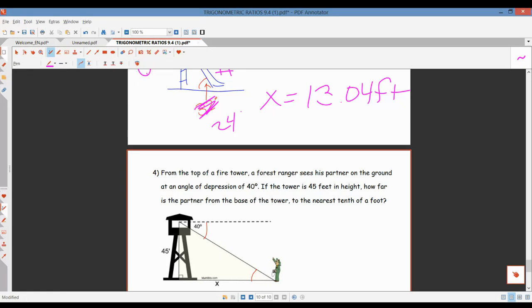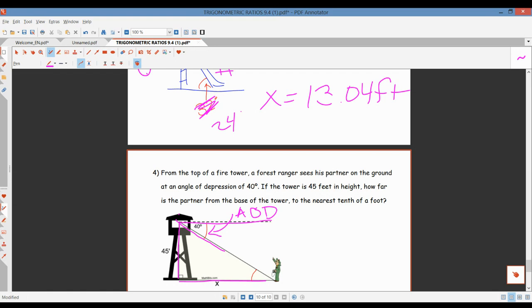So you can see that this piece right here is our angle of depression. I'm just abbreviating it AOD. This is our height of 45. We want to know how far away that man is.